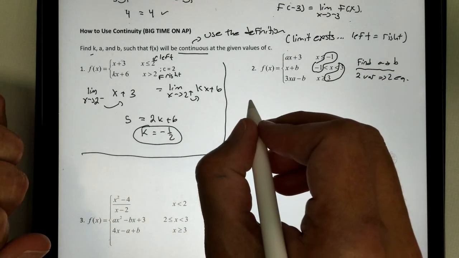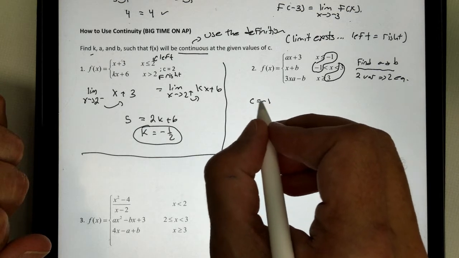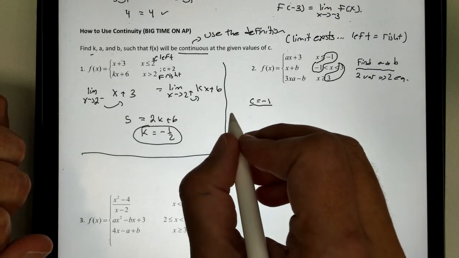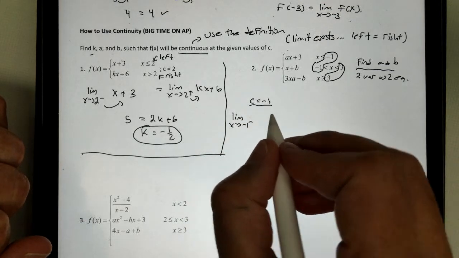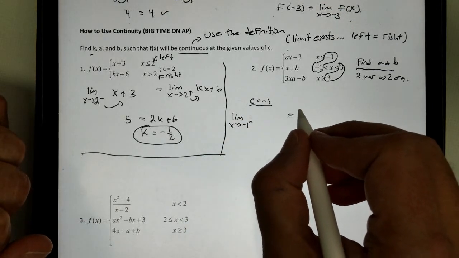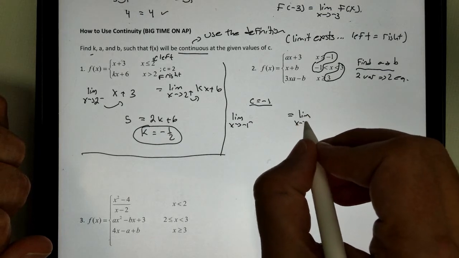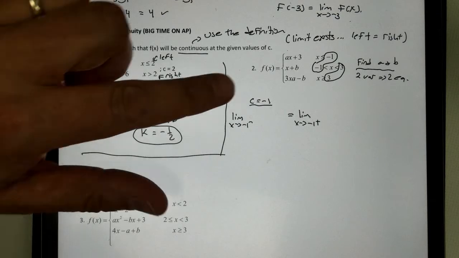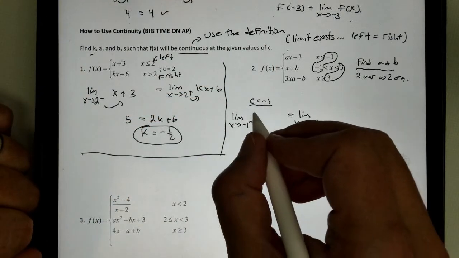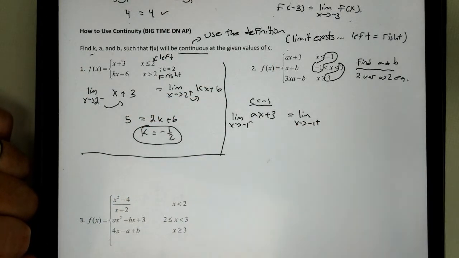So I am going to do, for the first one, at -1. And I'm going to write out my limits. The limit as x approaches -1 from the left equals the limit as x approaches -1 from the right. From the left, we're going to be on this ax plus 3.